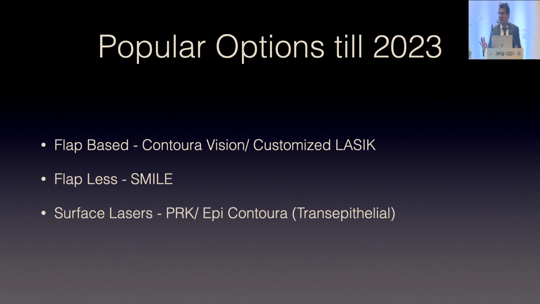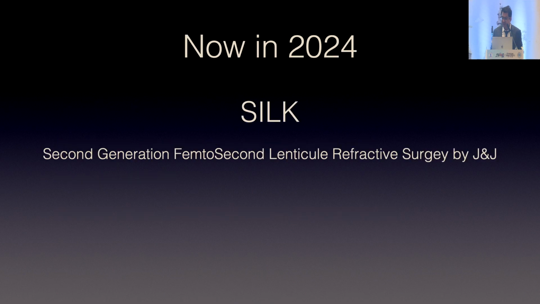Until 2023, we had some popular options in refractive surgery. Some were flap-based options like customized LASIK or Contoura. Then you had flap-less options like SMILE being the most popular. And then you had surface ablative options like PRK or Streamlight, very popularly known as Epi-Contoura also.